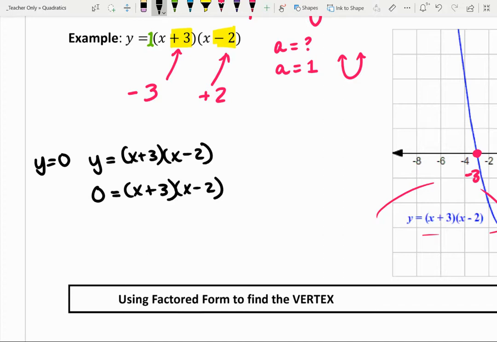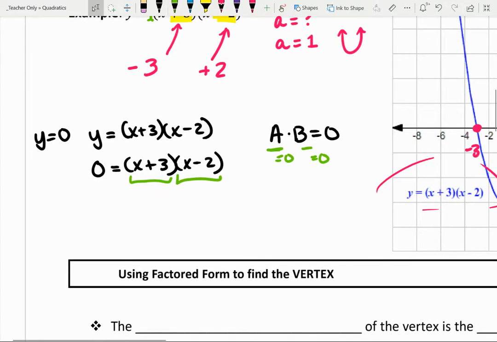Now, if I told you something like a times b is equal to 0, the only way that works is if a is equal to 0 or if b is equal to 0. And so it's the same thing here. Either one of our expressions has to be equal to 0.